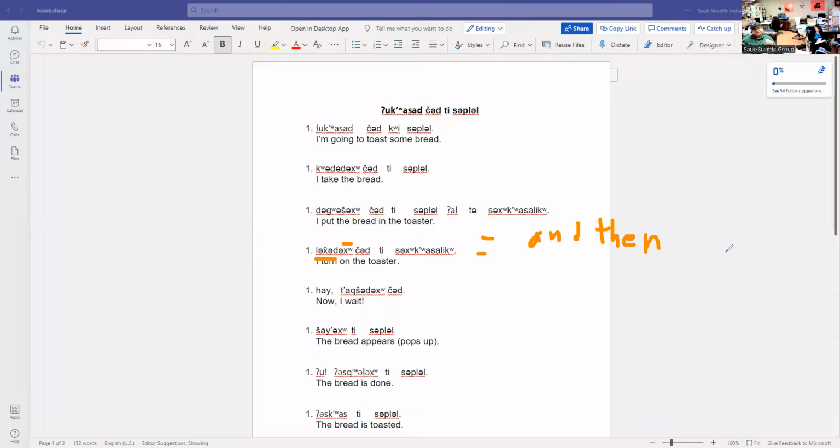So that's what you're thinking. So Doug was off, Chud T Saplel all to Sa Kwashalik. I put the bread in the toaster. Lachad off. Turned on, and then I Sa Kwashalik. Turned on the toaster. Right? So I put the bread in the toaster and then I turned on the toaster. Right?